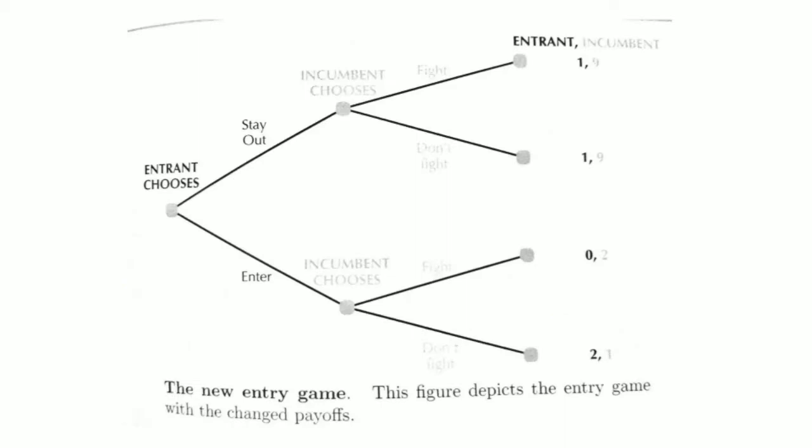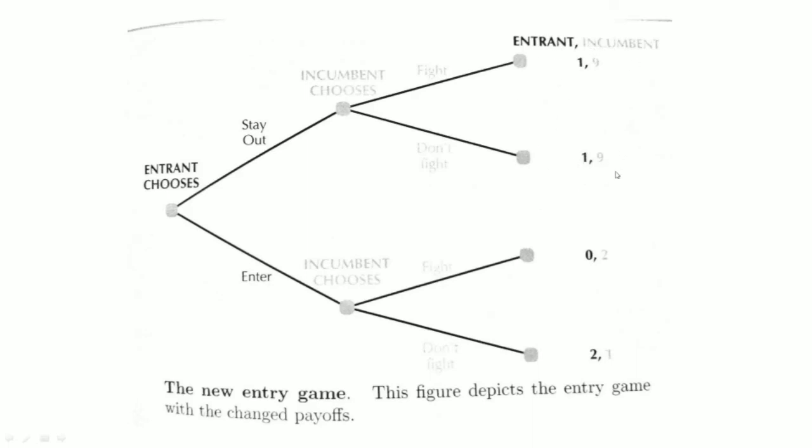So a good example is this, where the entrant has two options: whether to stay out or enter the market. If the entrant chooses to stay out, whether the incumbent fights or not, it will be the same, right? It does not affect anyone because there's not really anything actually happening.